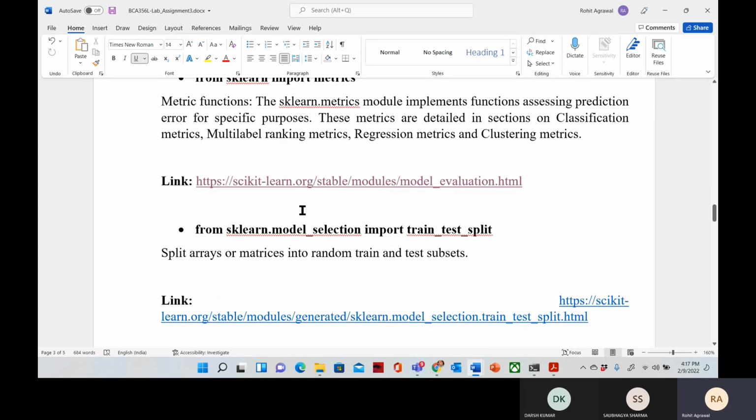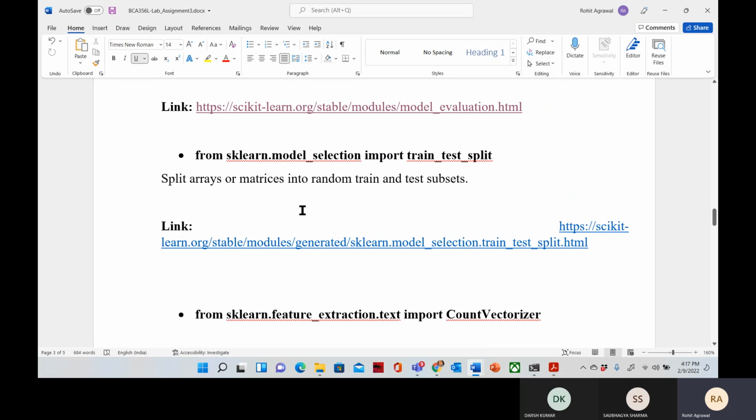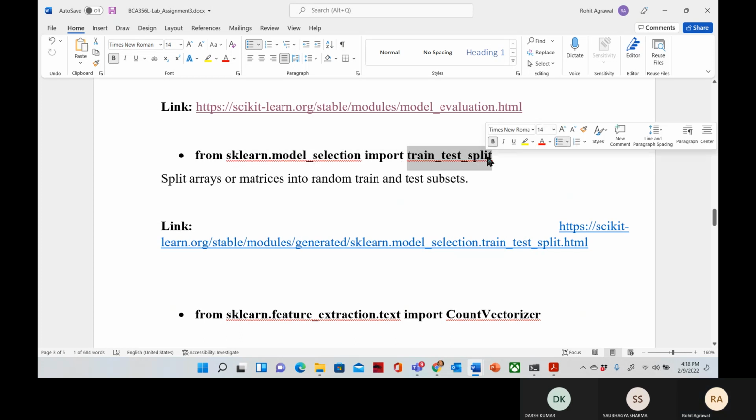Now the next is train test split. What does it mean? Again, it is under scikit-learn, this time model selection. So what does train test split mean? Sir, it would randomly split the data.